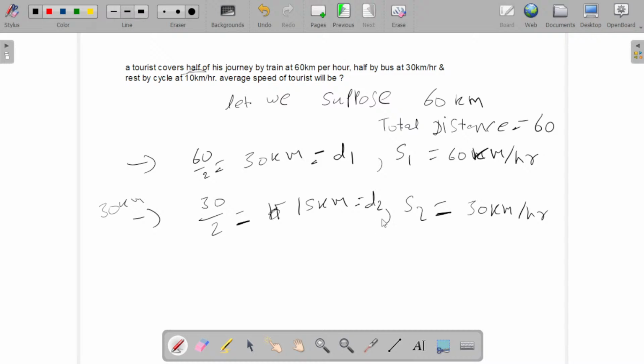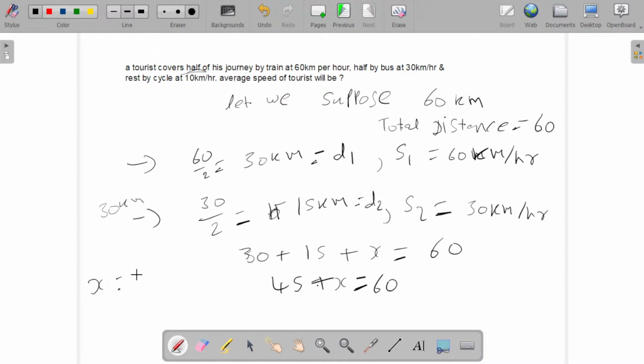So next, the rest distance. What is the rest distance? 30 plus 15 is 45. So he covered 30 kilometers by train plus 15 kilometers by bus plus the rest distance, which we suppose x, and the total distance is 60. So 30 plus 15, 45 plus x equals 60.